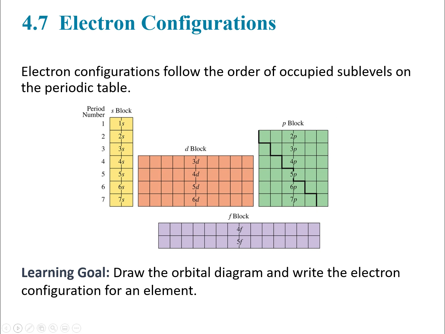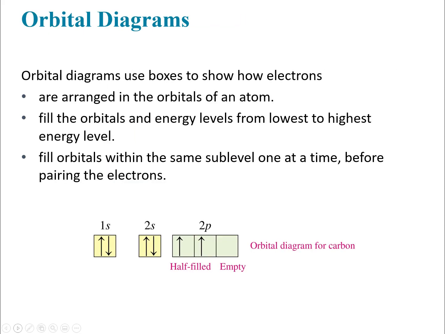With all this information, we're ready to start writing electron configurations, and we can also draw orbital diagrams to describe where electrons are in atoms. We're going to start by talking about orbital diagrams. So remember, the Pauli exclusion principle says that we can only put 2 electrons max in any orbital, and they have to have opposite spins.